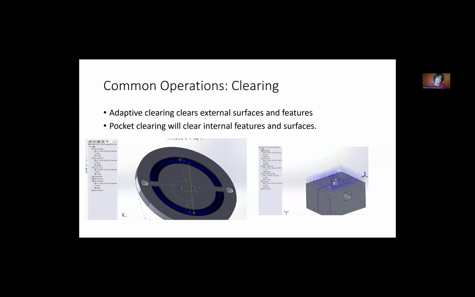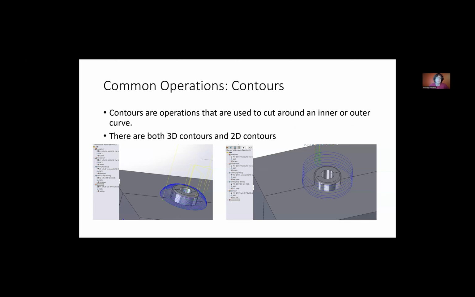It's kind of hard to tell from this picture, but those half-circle grooves that I've cut, black where the blue line is, are internal pocket geometries where I would want to use a pocket clearing. These are kind of intuitive. You can click various surfaces, and it will figure out what it thinks you want it to do, and it usually does a pretty good job with minimal effort in telling it exactly what to do.